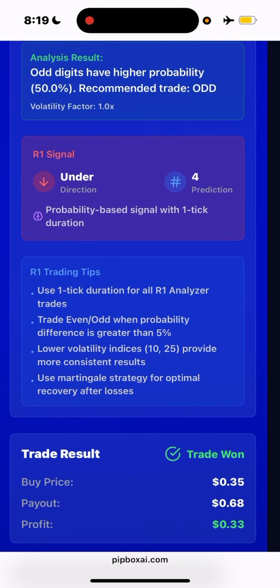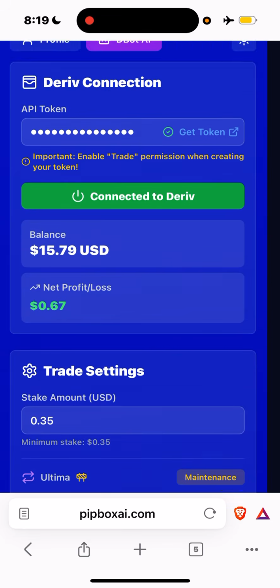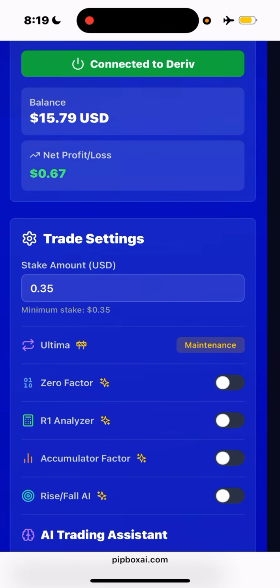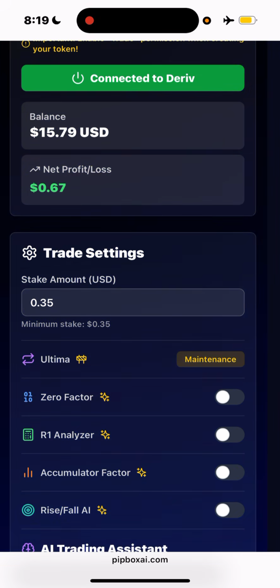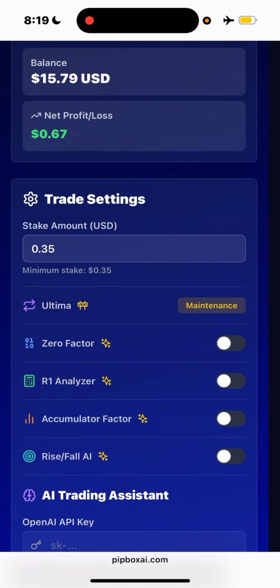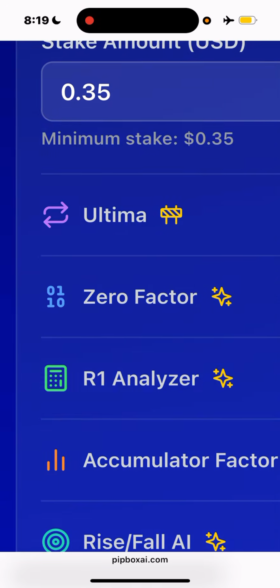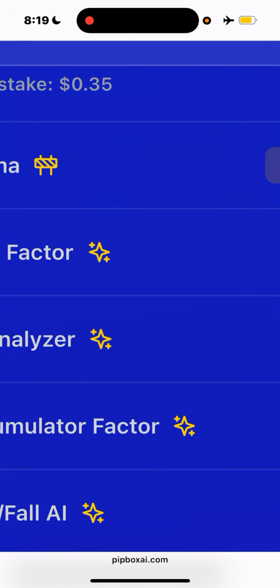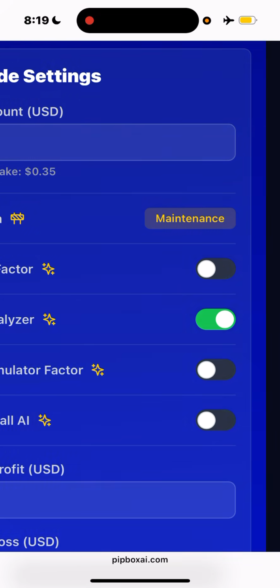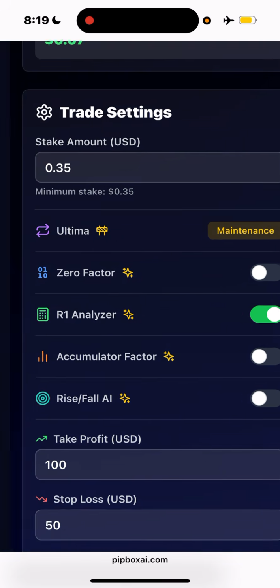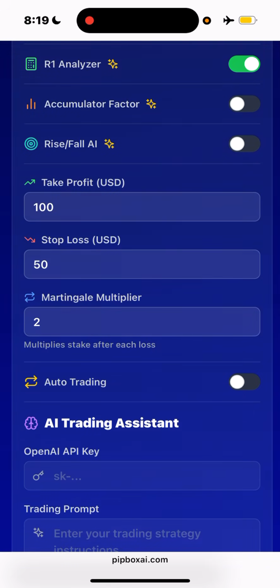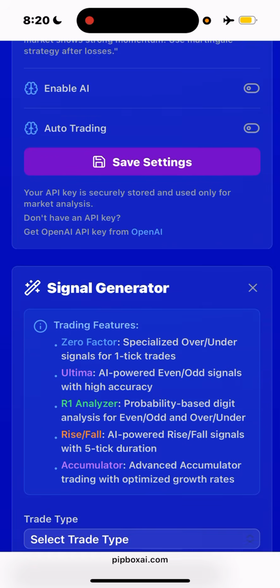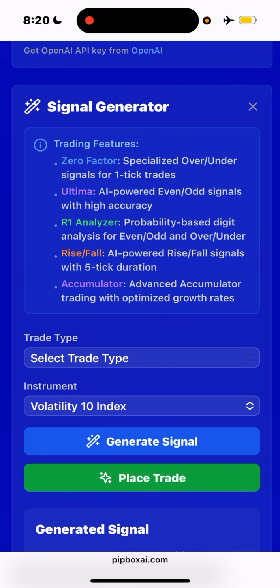Okay, so where is the volatility factor? Let me show you guys how to check the volatility factor of an index. The first thing, you need to locate R1 analyzer, and here is R1 analyzer. After seeing where it is, just click on enable R1 analyzer, and we'll use it to know the volatility of the index that we are using.